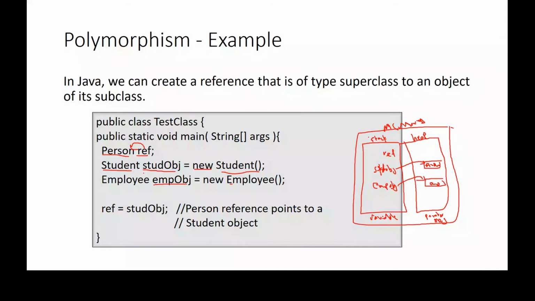Now, here what you said is that reference is equal to the std_obj object. What does that mean? That means the reference will point to the Student object. So we have two names for the same object in the heap. This is the object here, and we have two references for it: std_obj and the reference.